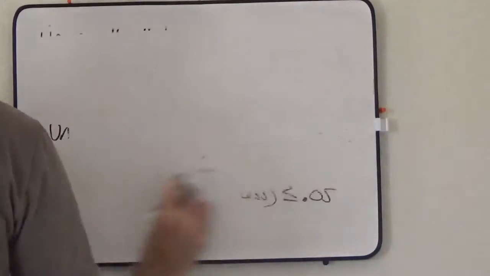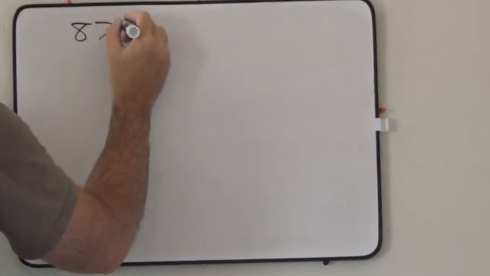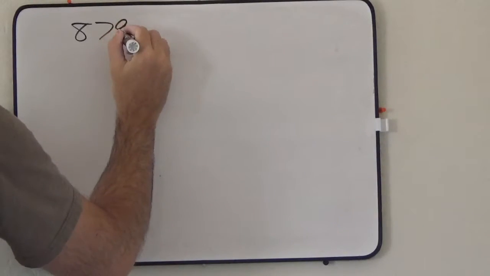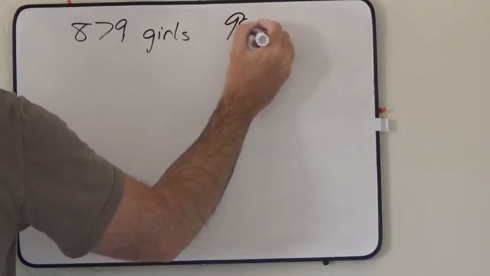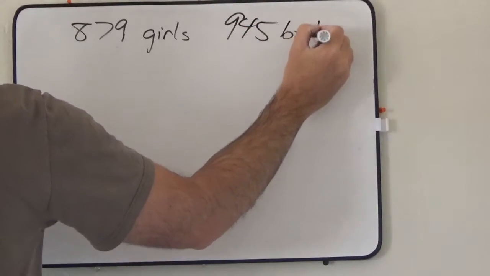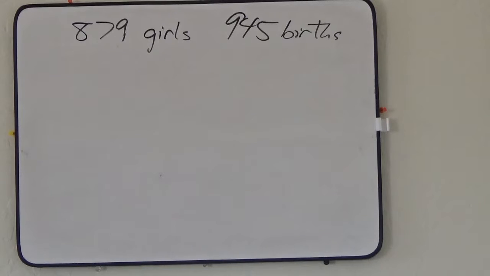So, before we talked about how there were 879 girls born out of 945 births. Now this was with that birth selection thing that we had discussed before. So now we're going back to that information.